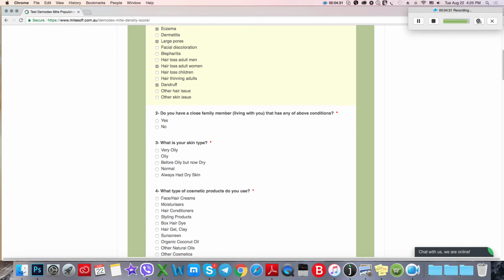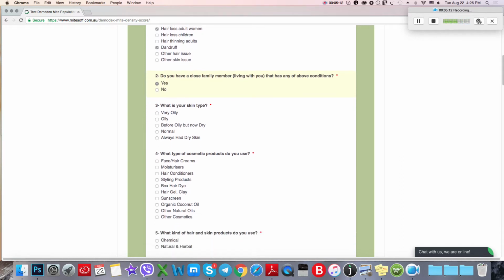Demodex mites are contagious, but as I said, everybody already has some mites because they transfer through physical contact or sharing personal care items, for example, pillowcases, hairbrushes, etc. Unless you're a virtual hermit, it's really hard not to have mites transferred, but those with higher population densities, it can run in families because you're a delicious host for them, basically. So skin type is pretty straightforward.